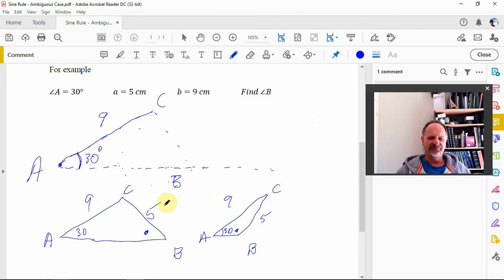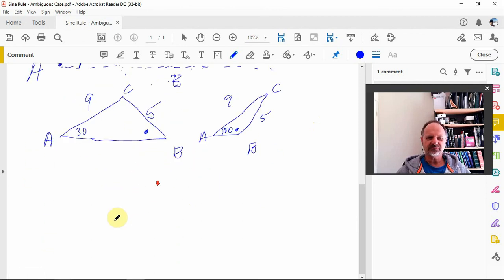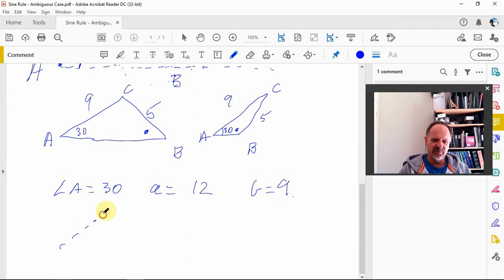Now, if this side is longer than that one, for example, if we had angle A still 30, side length A this time was 12, and side length B was still 9, then again we do our dotted lines to make our 30 degrees, there's our A, B's down here somewhere, that side there is the 9.